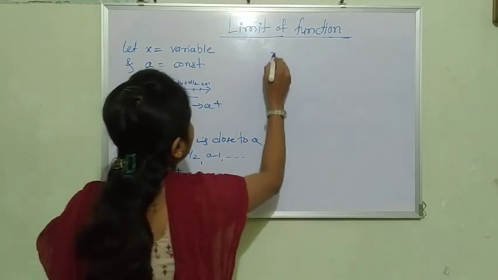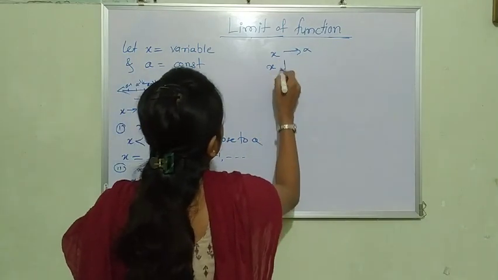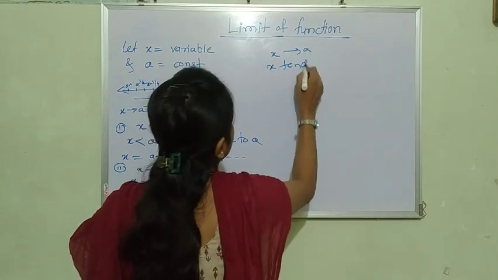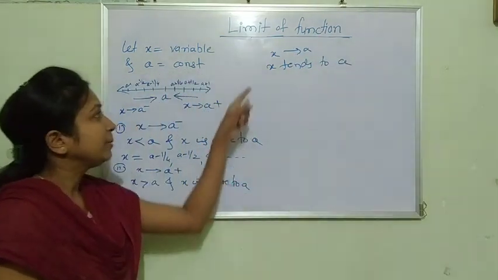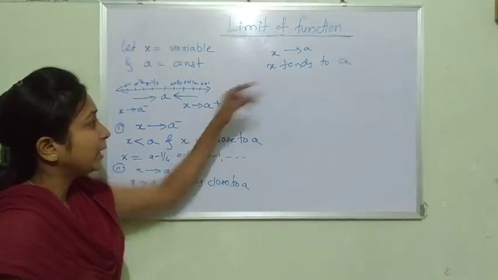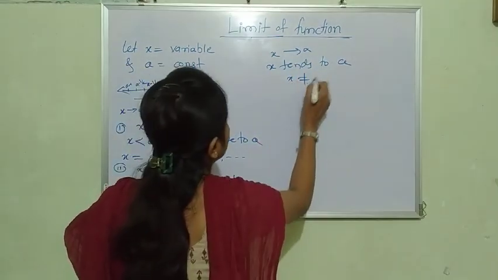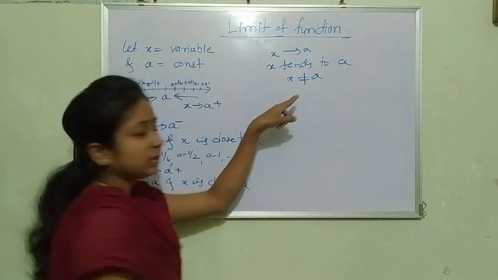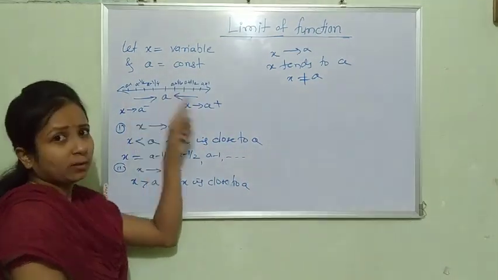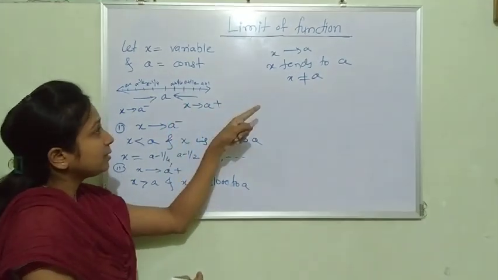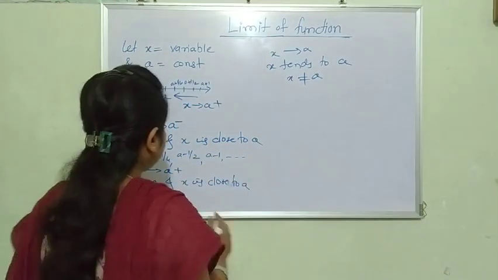What is the meaning of x tends to a? We write it like this and pronounce it as x tends to a. X tends to a means x is very close to a and x is not equal to a. The meaning is x is very close to a from this side or from this side, and x is not exactly equal to a.